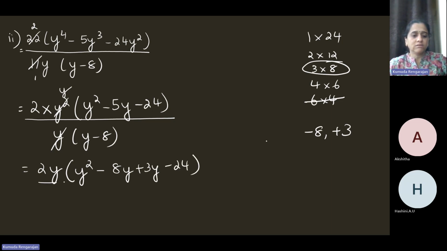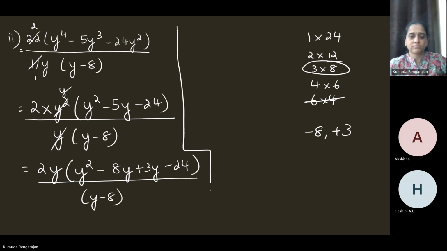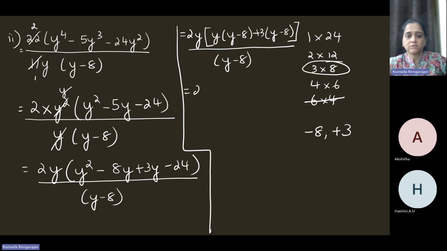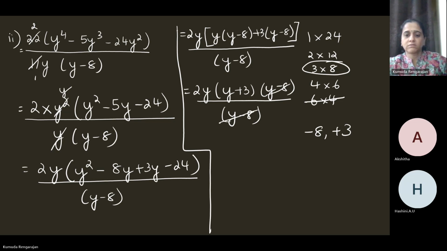In the denominator, y minus 8, you just have to write it as it is. 2y, what's common now? y into y minus 8 plus 3 into y minus 8, over y minus 8. 2y into y plus 3 into y minus 8, divided by y minus 8. So the answer is 2y into y plus 3.